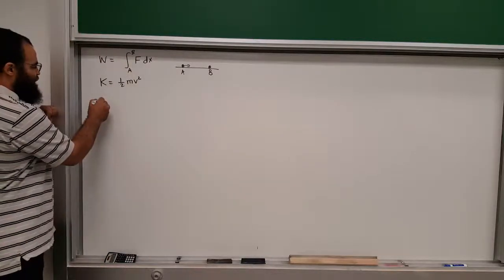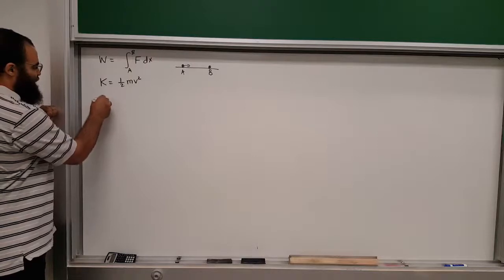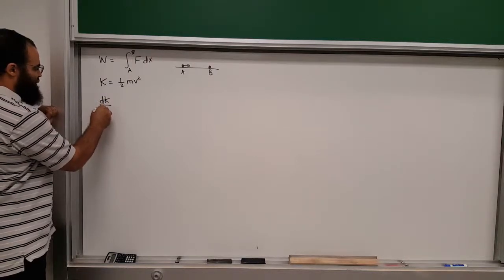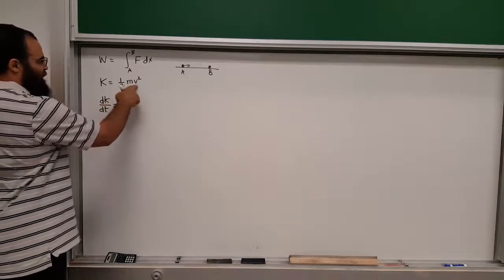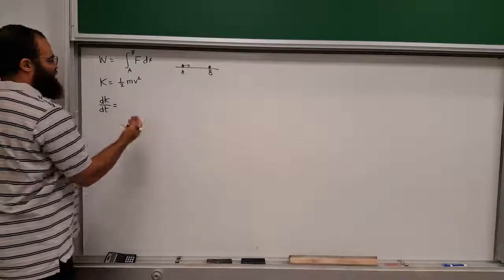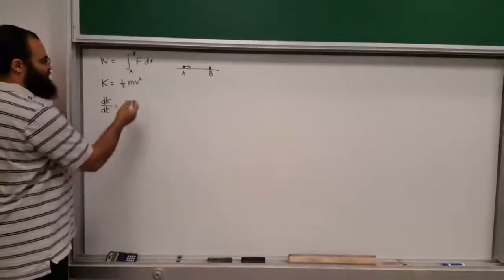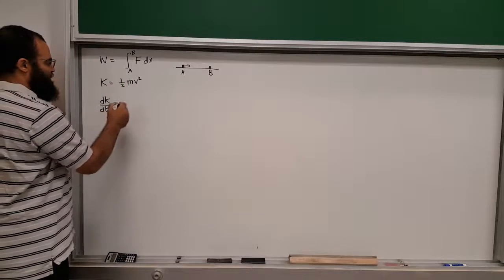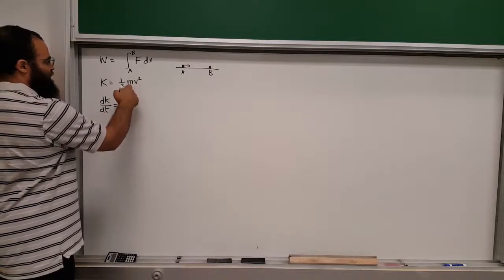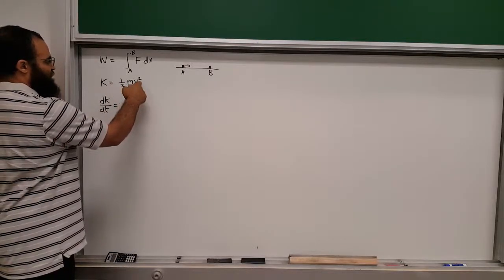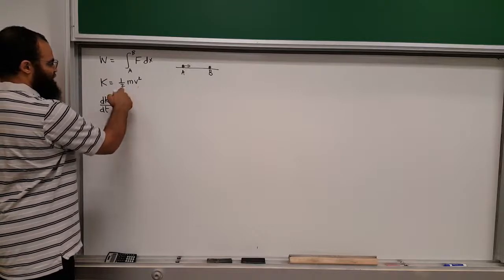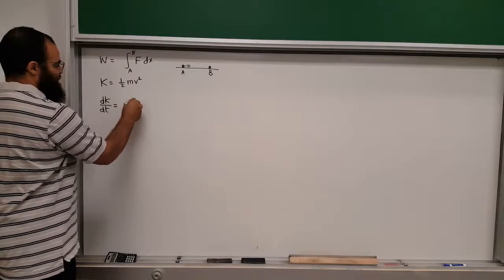So let's take the derivative of the kinetic energy with respect to time. The velocity may or may not be changing because you have a force, so we take the derivative with respect to time. The mass is constant, so the derivative of v squared is 2v, which cancels the 1/2, so you get mv.